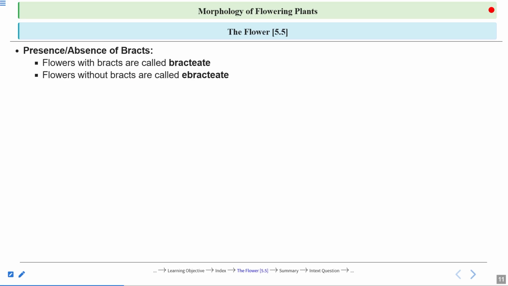Now, presence and absence of bracts. The flower can be bracteate or ebracteate. When the bracts are present, it is called a bracteate flower, and when the bracts are absent, it is called an ebracteate flower.